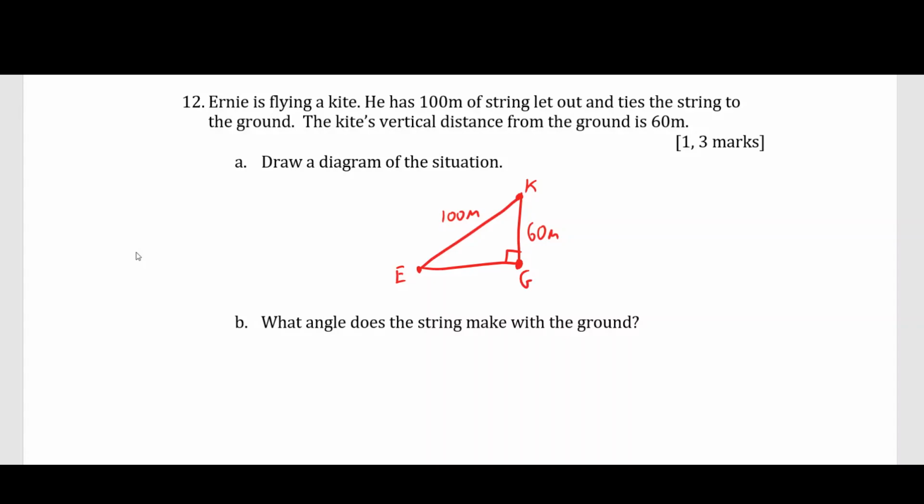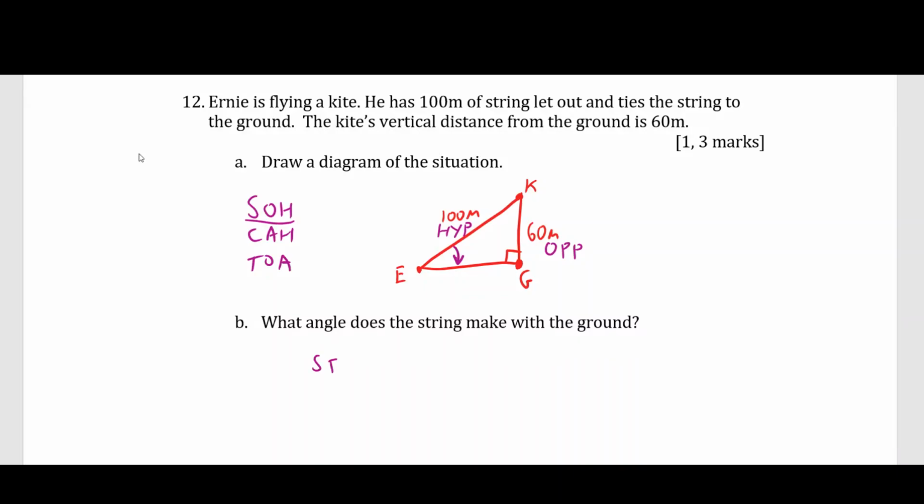So here's the ground. What angle does the string make with the ground? So we're looking for this angle in there. Okay, so let's look at that. I'm going to call it angle E. So we've got to use SOHCAHTOA, angle E, so it's going to be opposite on hypotenuse, which is sine.